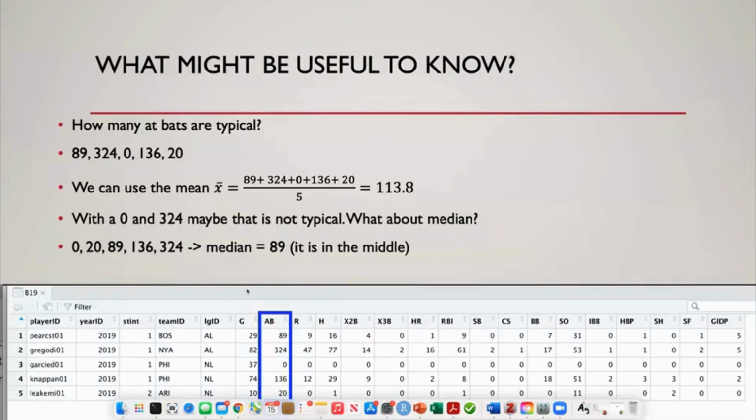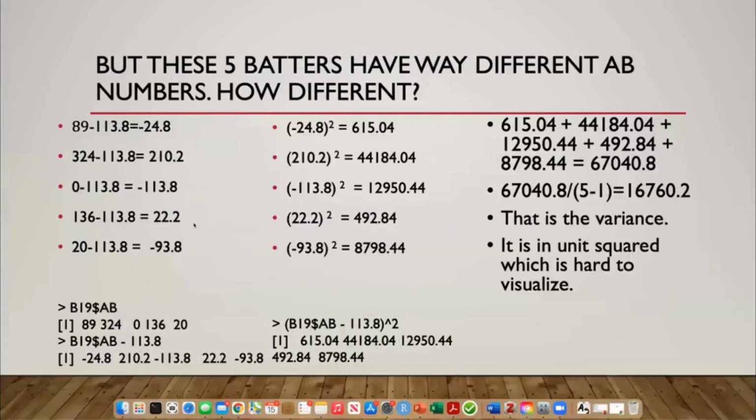Okay, so we have 2 measures of central tendency here, which again are mean and median. So we have an idea of what a typical at-bat is. Maybe we'll be interested to know how different at-bats can be, so how much they might vary.